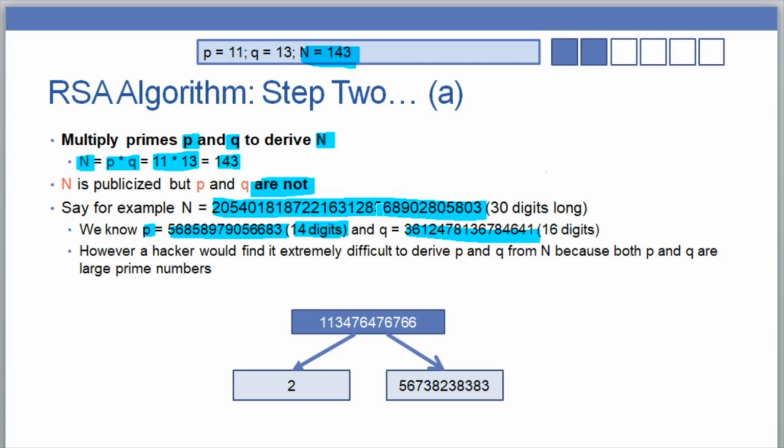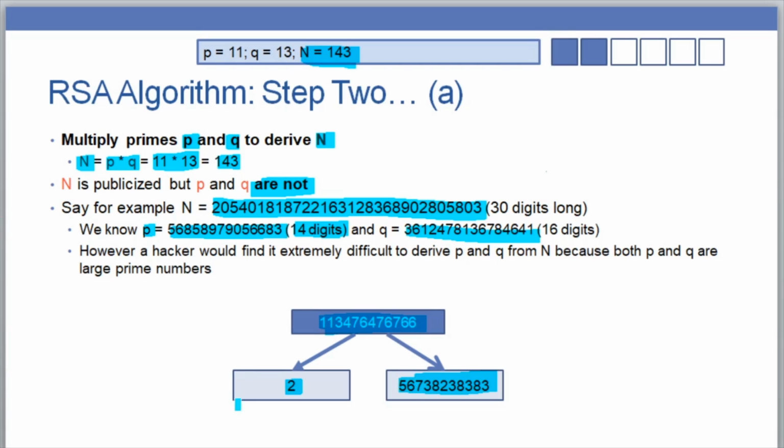Note that in general, the length of n does not matter so much, because if the number n was very large, such as this one, but its prime factors were something like 2 and any other number, it would not take too long to crack.